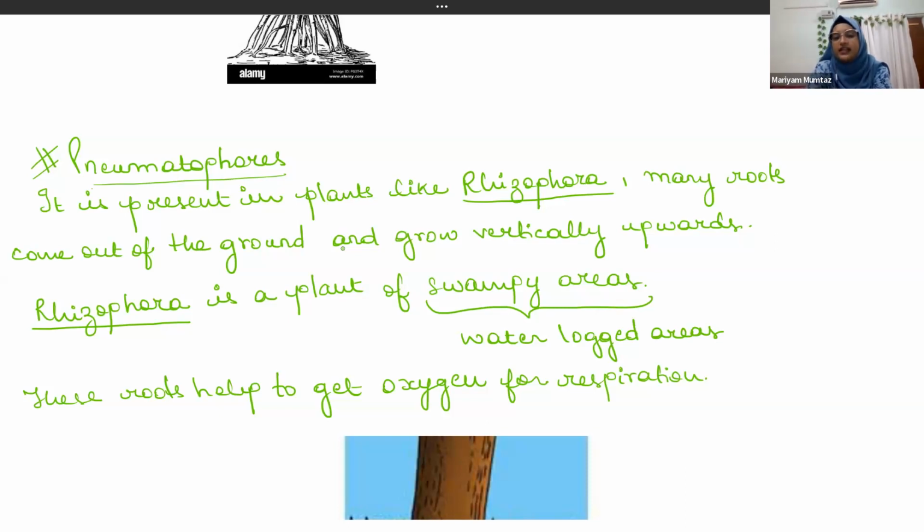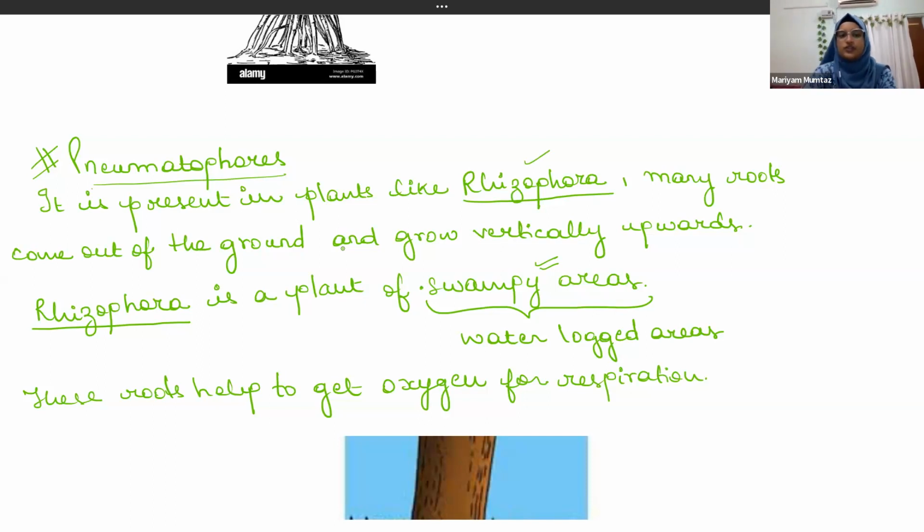Those areas are known as swampy areas. What are they known as? Swampy areas. And the example that we are taking is Rhizophora.